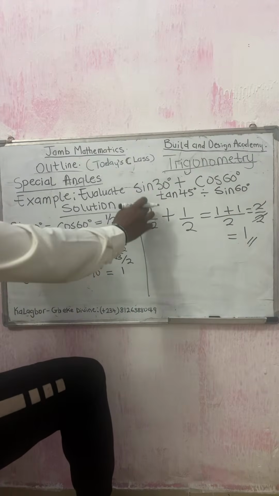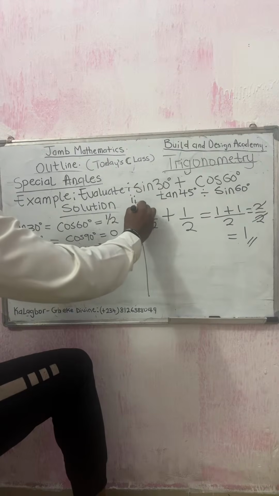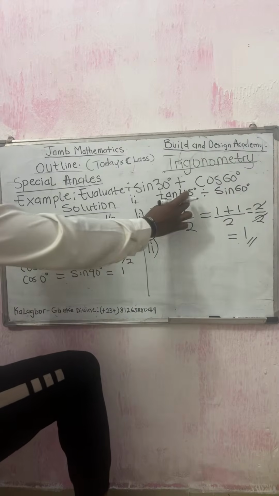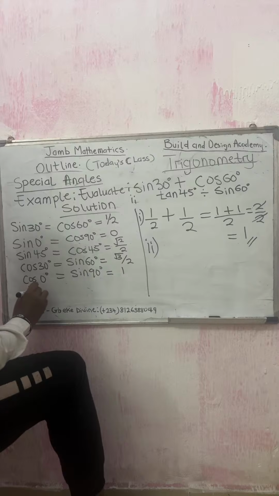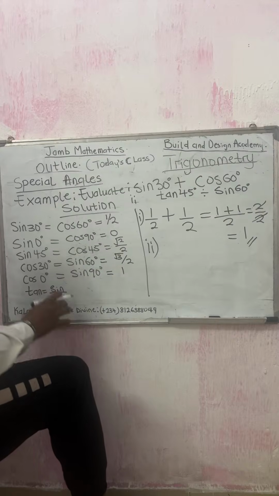Now, to get tan 45 degree, we know that tan is equal to sine over cos. This is a relationship.